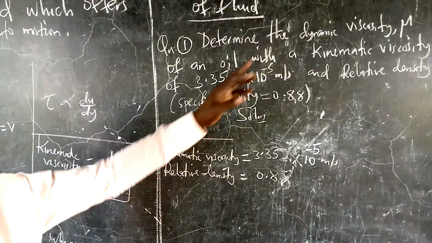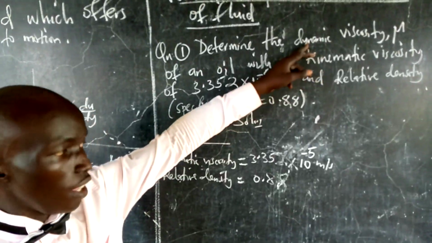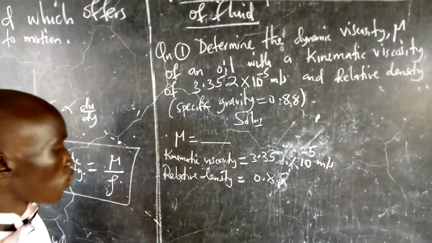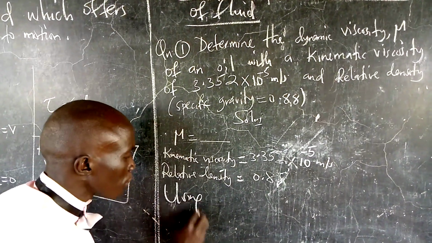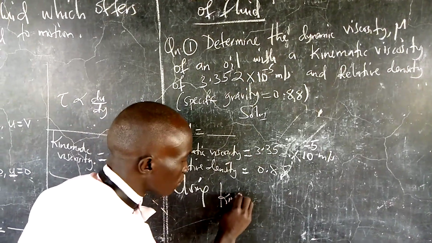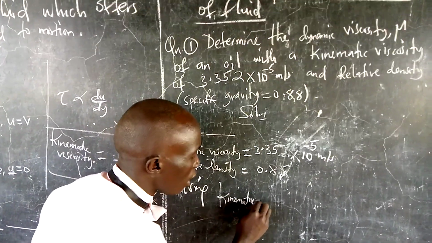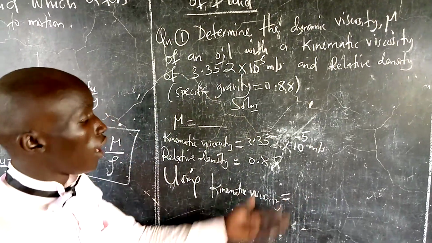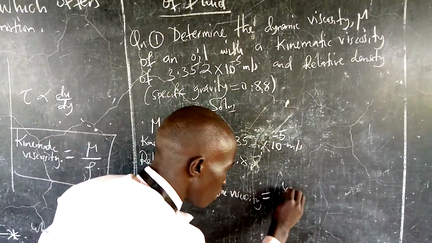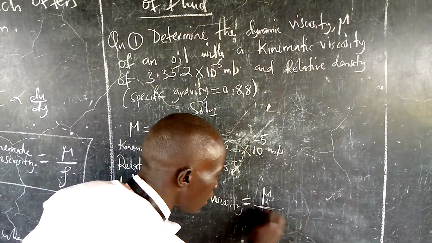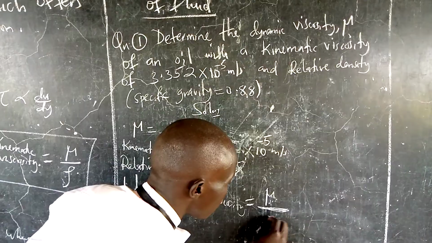Let's calculate the same way, we want dynamic viscosity. So we are going to pick some formulas which relate dynamic viscosity and kinematic viscosity. So I'm going to say, using, follow it very well, kinematic viscosity is given by dynamic viscosity mu divided by the density.